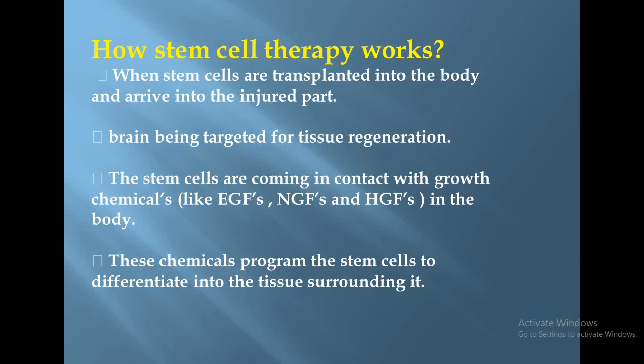The stem cells come in contact with growth chemicals like EGF, NGF, and HGF in the body. These chemicals program the stem cells to differentiate into the tissues surrounding them.